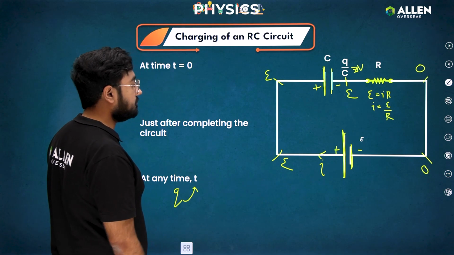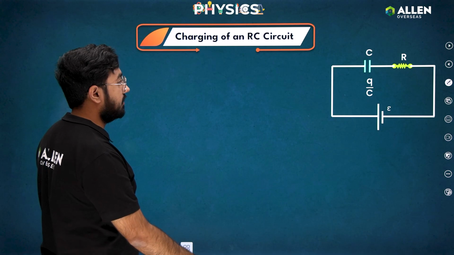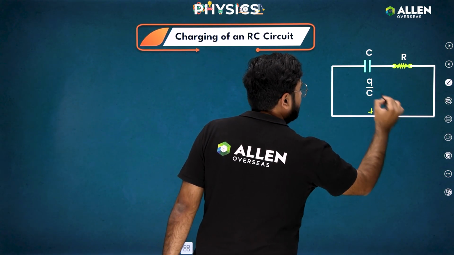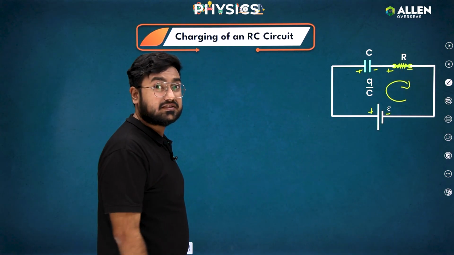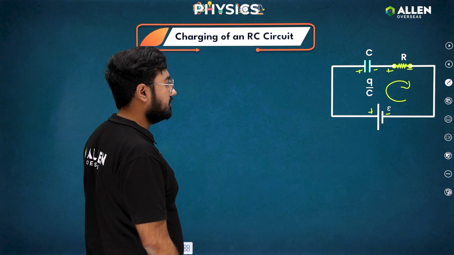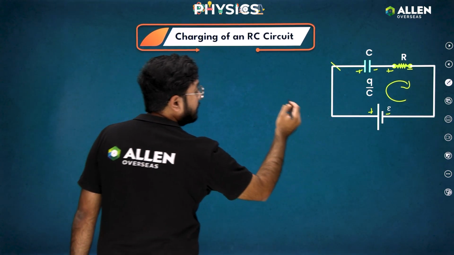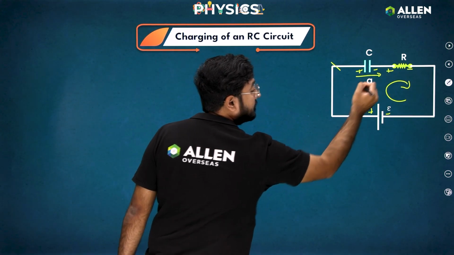So at any time t, let us analyze the circuit. Can I apply Kirchhoff's law? Yes, I can. Let us try and do that. Starting from here, I am going from high potential to low potential, this is my traverse.